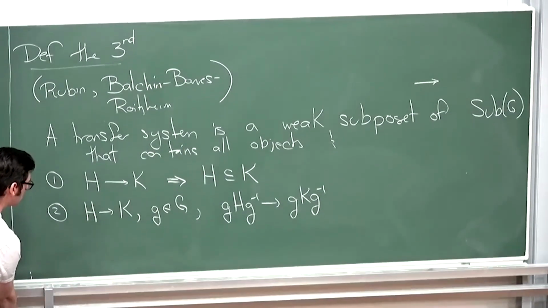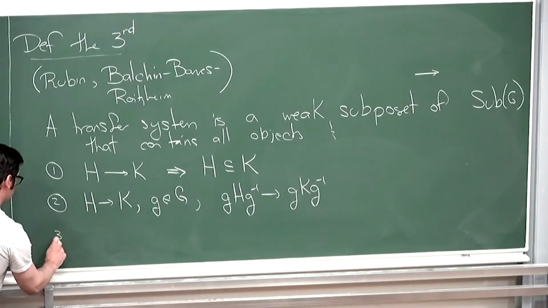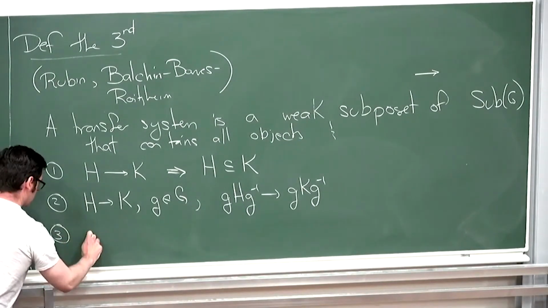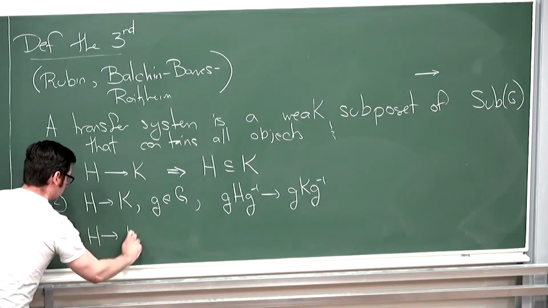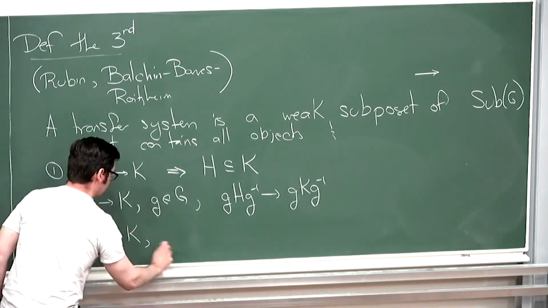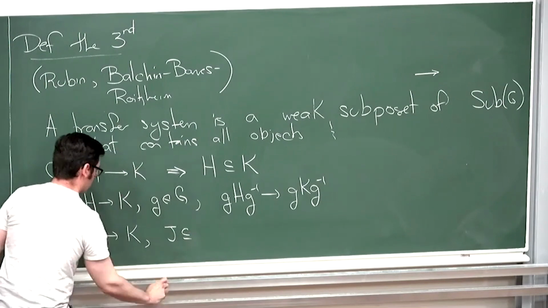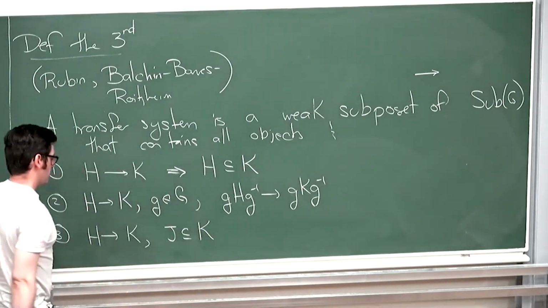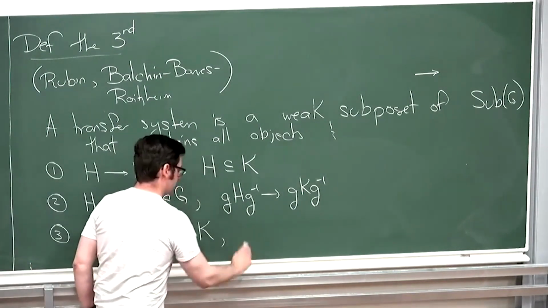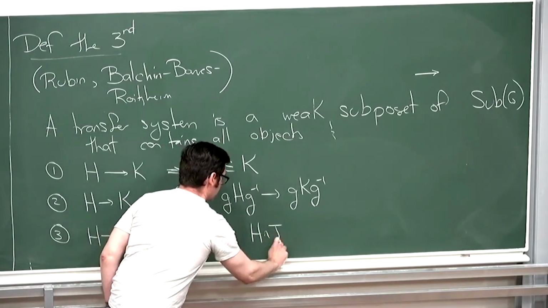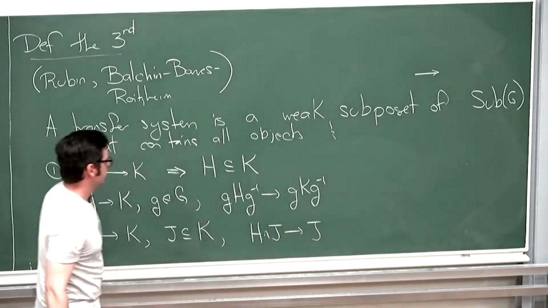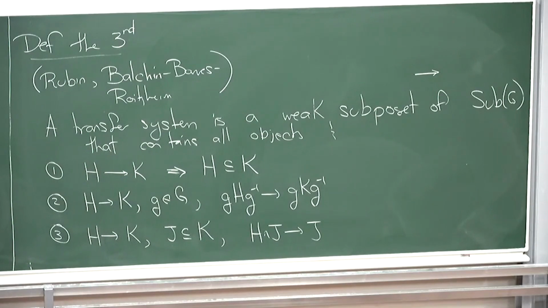And the last is the restriction type condition. If H goes to K, and J is an arbitrary subgroup of K, then H intersect J goes to J. So if I hadn't erased that board to write this, you would have seen that I wrote the same three things that I had written originally.